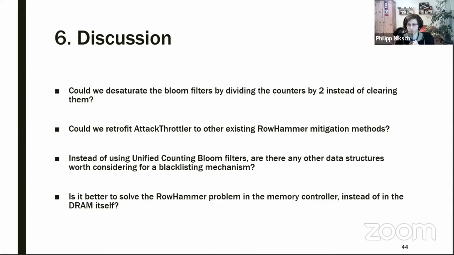I mean, if you can come up with a mitigation technique that's even more broad than only RowHammer, of course that might be a good idea. If it takes more energy and area overheads, then you have to weigh up those pros and cons.